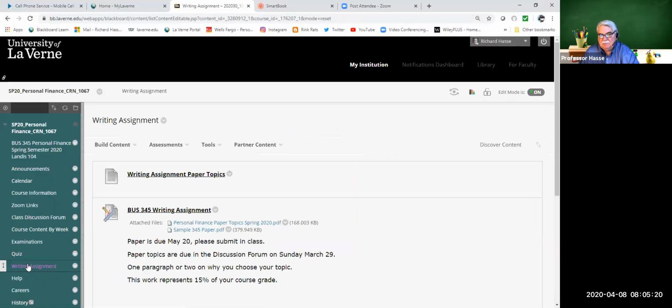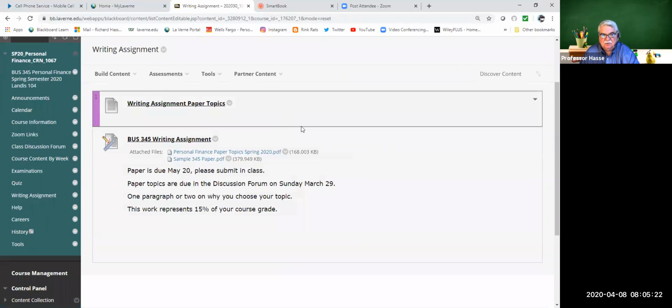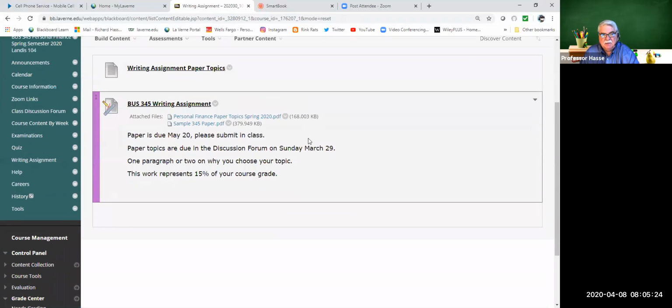In that folder is the list of paper topics, which you all have already selected, and the sample that I'm going to be showing you. Remember, this paper is due May 20th. It's based on the topics that you guys have given me thus far, and it represents 15% of your course grade.